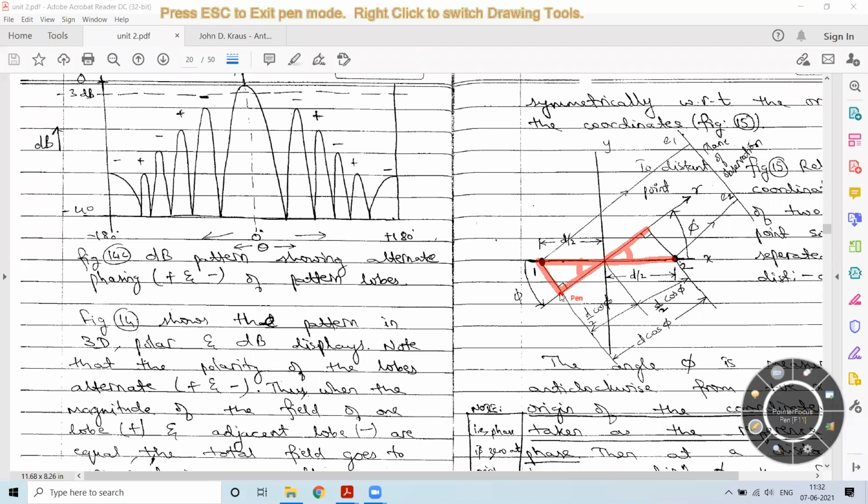When I draw a line perpendicular to this, the angle will be 90 degrees. So here the angle is 5, here the angle is 5.